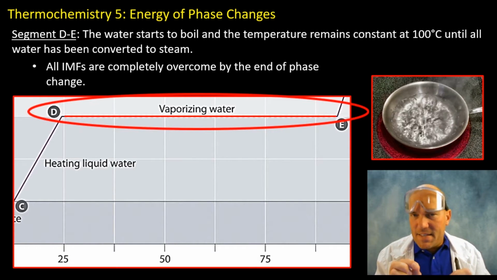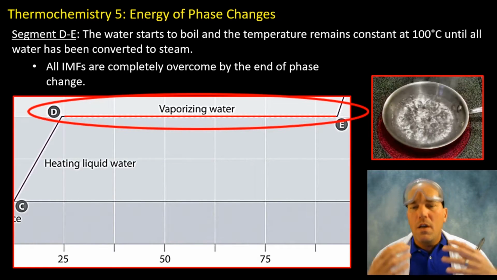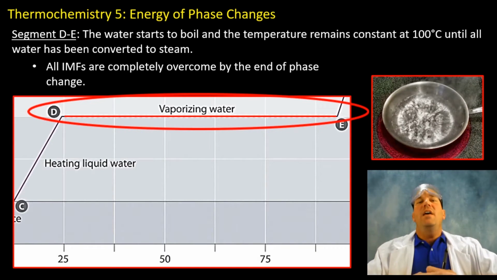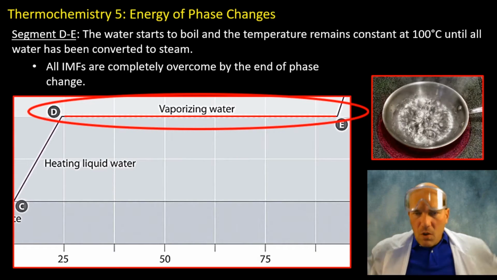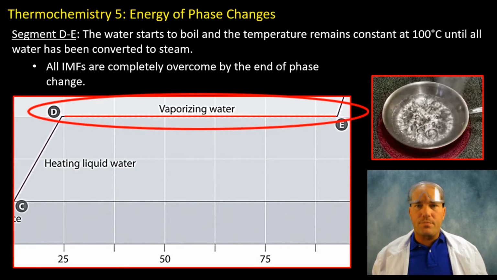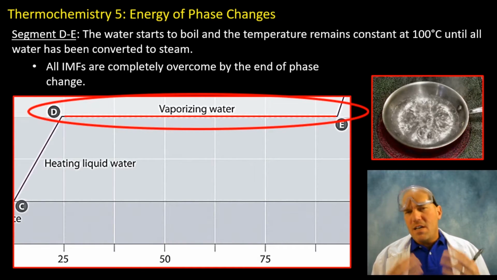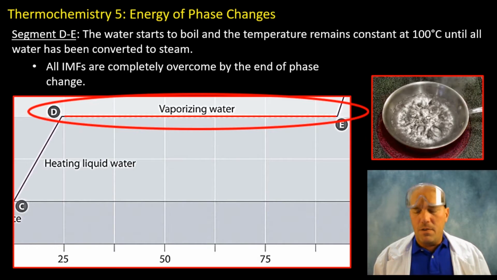By the end of this phase change, all of the hydrogen bonds and London dispersion forces, all of these intermolecular forces are completely overcome. For this to occur, it requires a tremendous amount of energy input.